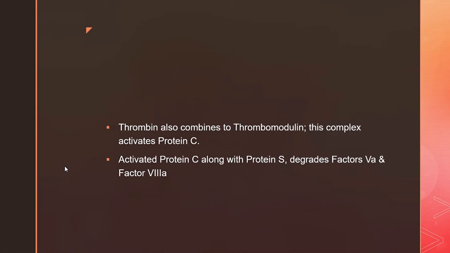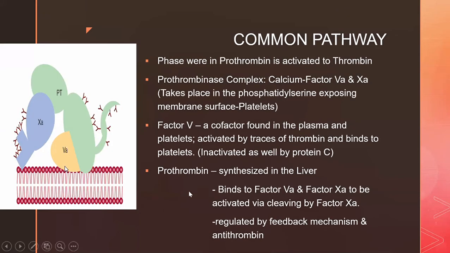Your thrombin, aside from activating your fibrinogen, can also bind to your thrombomodulin. Once thrombin is bound to thrombomodulin, it will promote activation of your protein C. Protein C is one of the major inhibitory proteins in the coagulation system. If you saw in the slides, it inhibits many things.